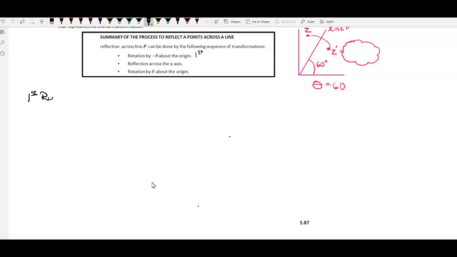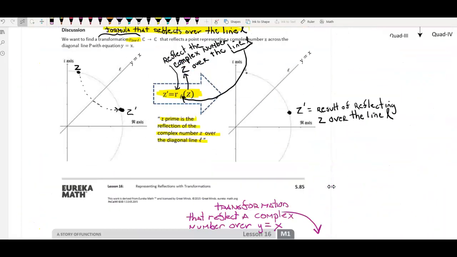Okay, rotation by negative 60 degrees. So that looks like this. Rotate negative 60 about the origin. Okay, that's what that does. So let's do that. To rotate negative 60, I go back to my unit circle.